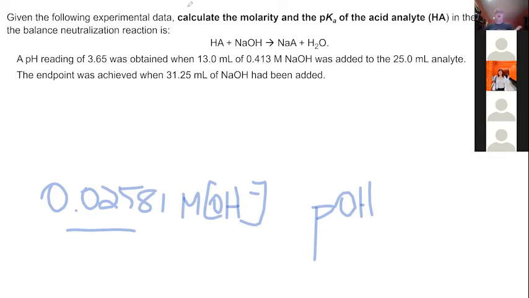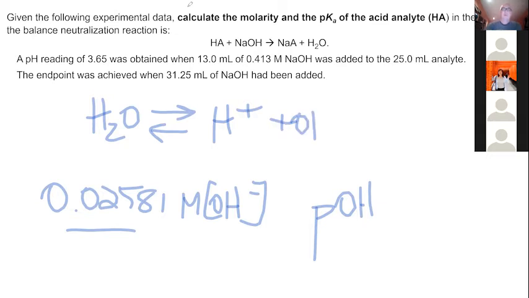Excellent, that's right. Now that we've gotten rid of all of our weak acid, there's still a weak acid left. And what is that weak acid? It's water. We always got water. Water is a weak acid and a weak base. We know that it autoionizes into H plus and OH minus, and it does that all the time.